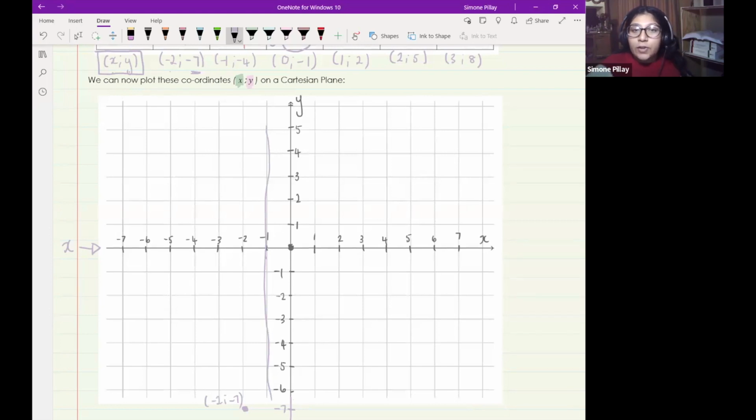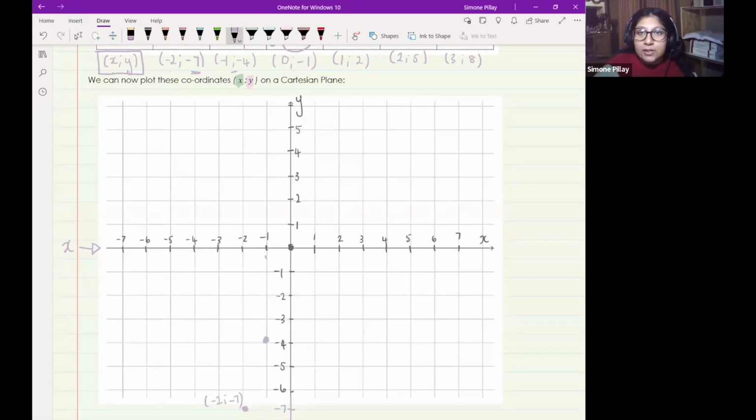For -4, that's a y value, so I'm going to look at this vertical axis. And I land up on that line over there. That is my -4. That's where I see -4. And so the point that I need to draw is this point where those two lines meet. And that is over there. I hope everybody was happy with that.